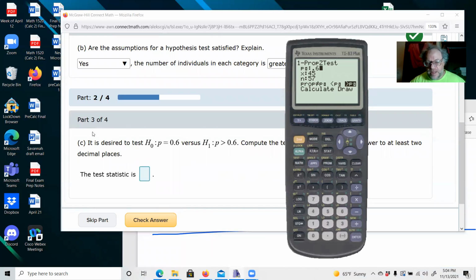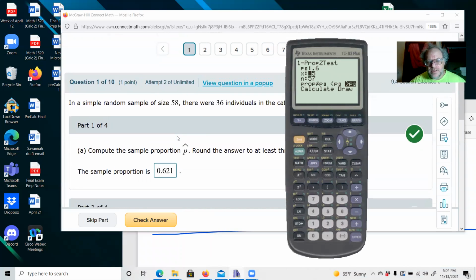P hat will be the number we just calculated. See how they have the X over N here, so we're just going to type it. They don't even want us to bother typing this stuff in; we're calculating this on our own, and the calculator will do it for us. So P0 is the given proportion that they want us to test against.